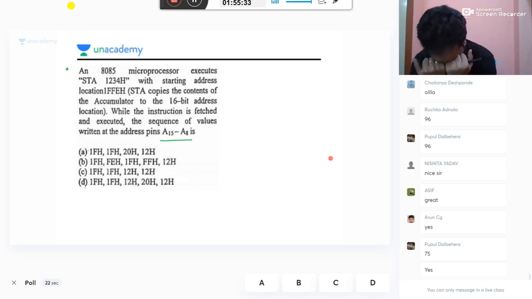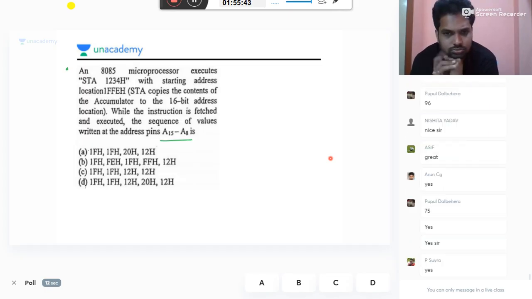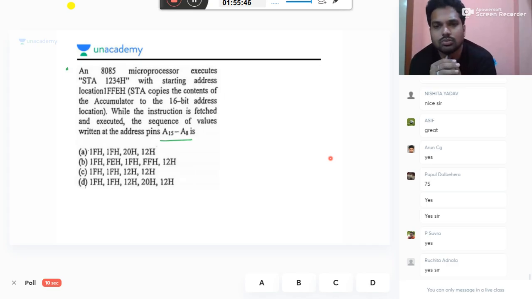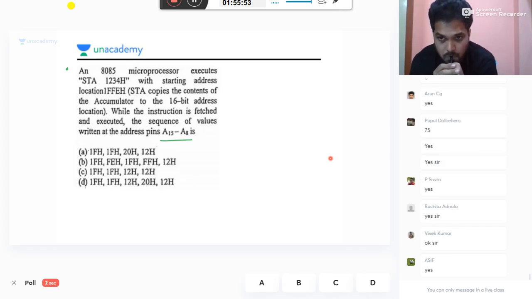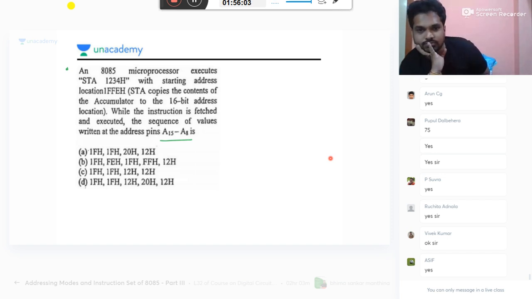So firstly, please understand. The first line will be at 1FFE, then 1FFF, then after 1FFF, 2000.